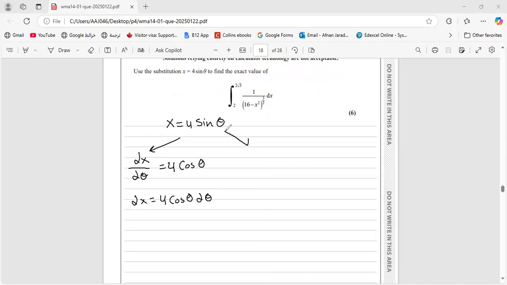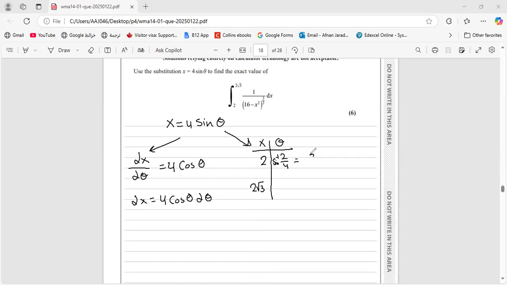And from this one also, you can change limits from x to theta. This one, x equals 2, and the upper limit equals 2 square root of 3. How can I find theta? By making x over 4. So 2 over 4. Then to find sine inverse, this one.